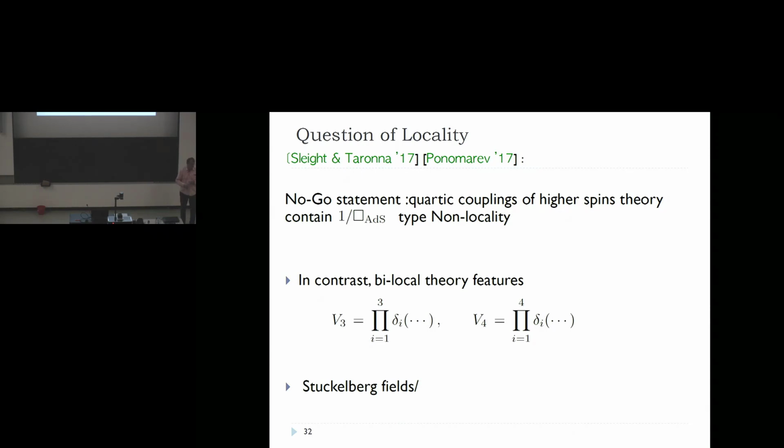So I mentioned loops. And in fact, it is like getting masses for higher spins. Then this would be some actual physical Stuckelberg field, which is appearing in this way. So there is some potential use for those, but not in this massless limit.